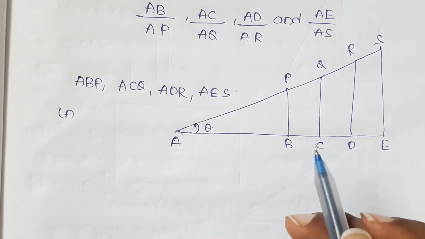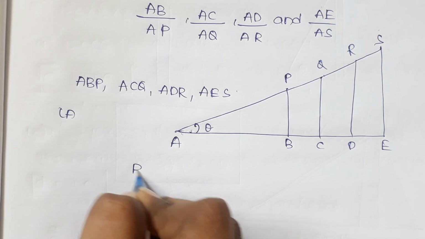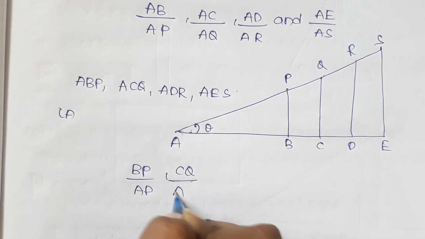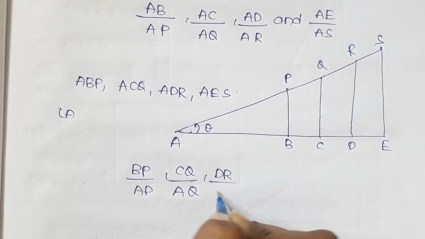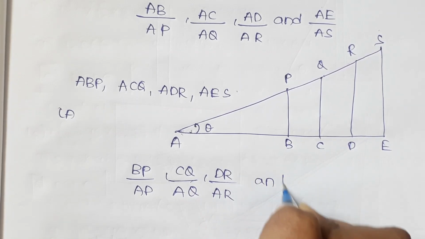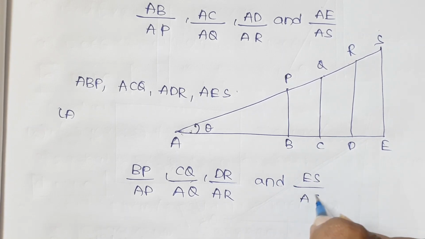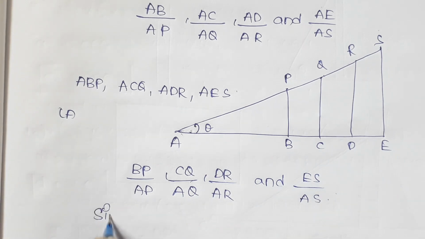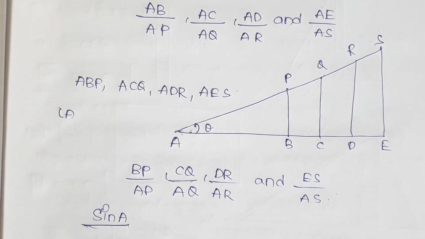And now, the ratios BP by AP, CQ by AQ, DR by AR and ES by AS can be named as sin A. In those triangles, if the value of angle A is x, here angle A can be assumed to be x, then it can be called sin x.